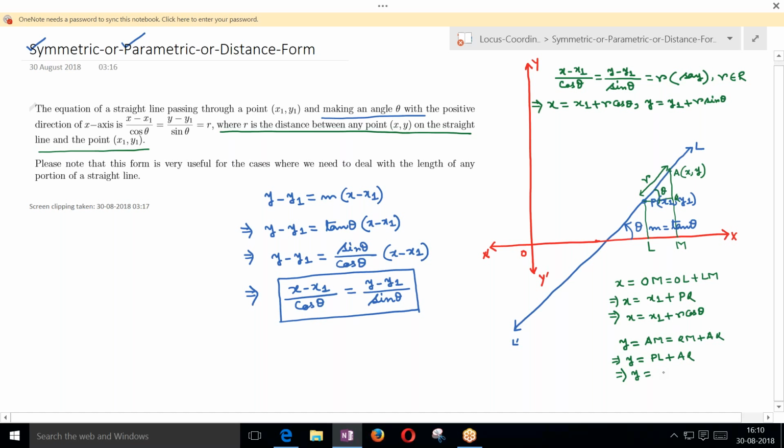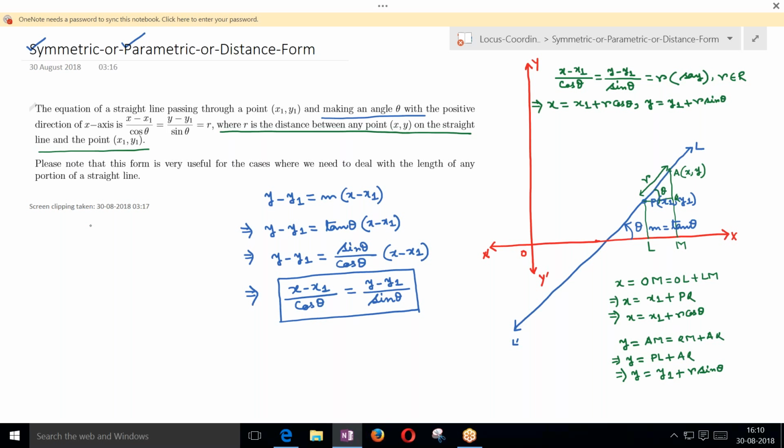PL is nothing but y1. And what is AQ? If you look into the right angle triangle AQP, then AQ is nothing but r sin theta. So we derive the expression for x in terms of x1, r and theta, and y in terms of y1, r and theta. The point is that (x, y) is an arbitrary point on the straight line L dash.